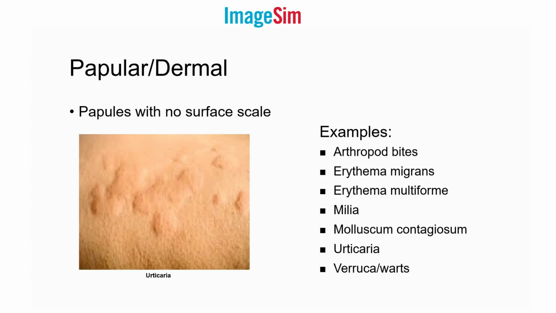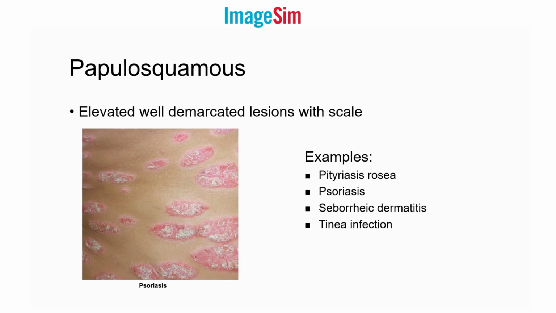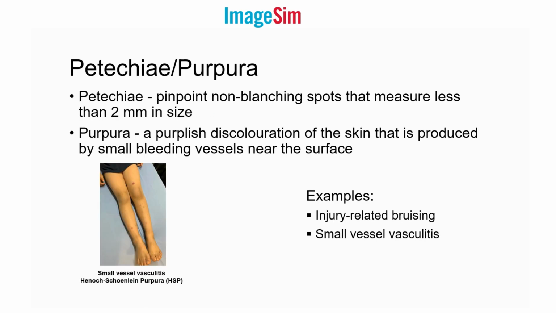These include arthropod bites, erythema migrans, erythema multiforme, milia, molluscum contagiosum, urticaria, or warts. Papulosquamous are elevated and well-demarcated lesions with scale. Examples include pityriasis rosea, psoriasis, seborrheic dermatitis, and tinea infection.